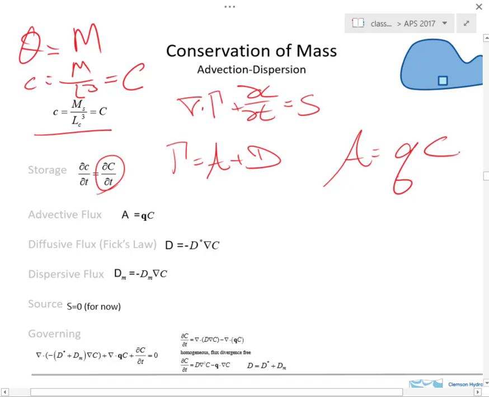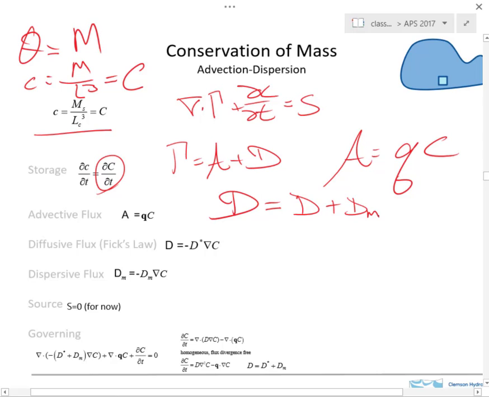And now we're going to have two kinds of flux that are diffusive-like. One is the actual diffusion, and the other is from dispersion. So we'll call it mechanical dispersion.